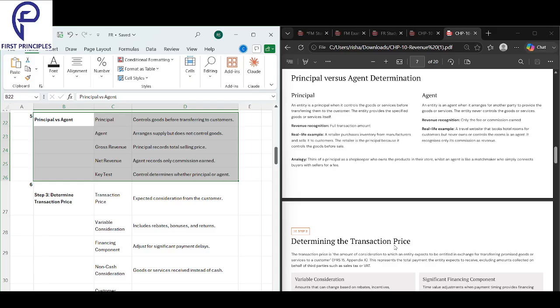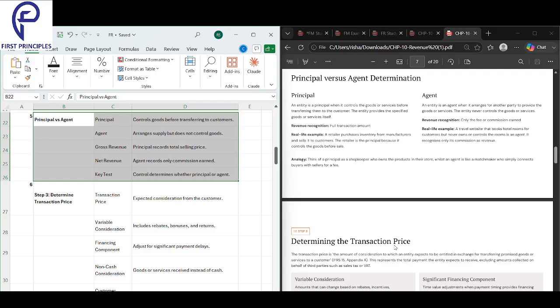So whenever you want to determine who is the principal and who is the agent, just see who controls the goods. The one who controls the good is the principal, and the one who just makes the buyer and the seller meet is the agent. So we understood principal, we understood agent.